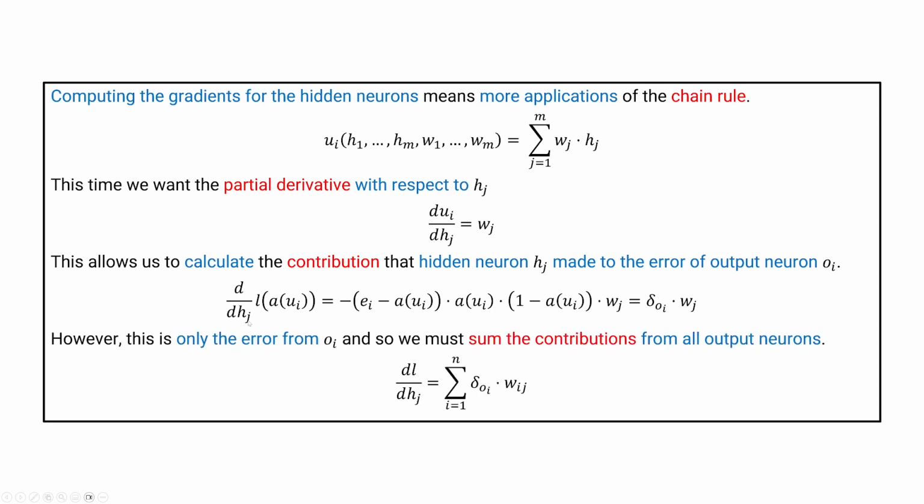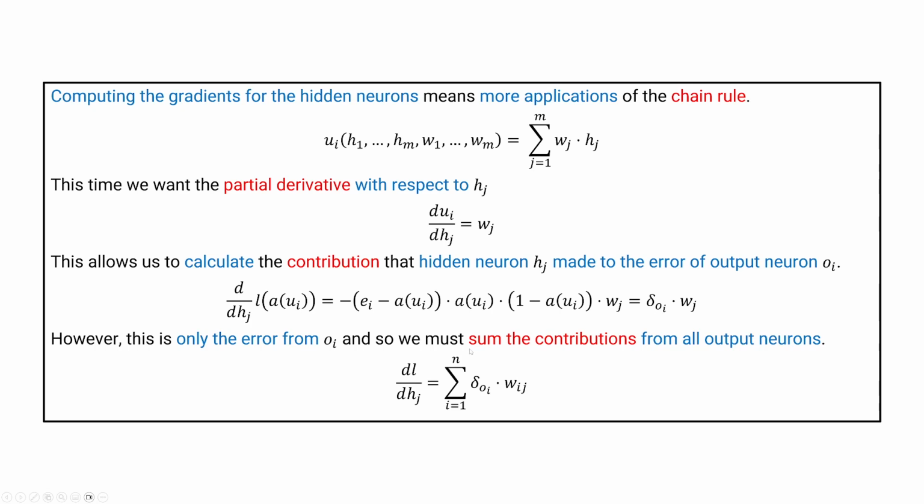Actually, the way we computed this was relative to output neuron i, so this was delta oi. So this is the contribution that hj made to the error only on output neuron i.